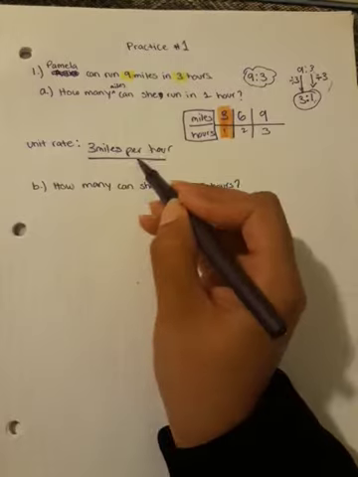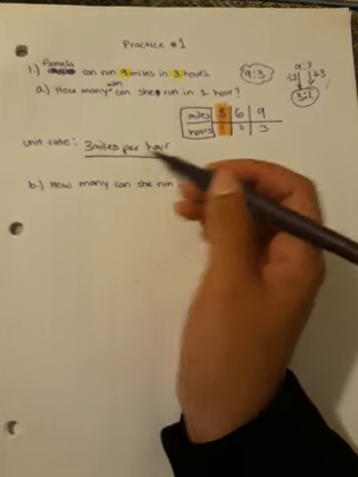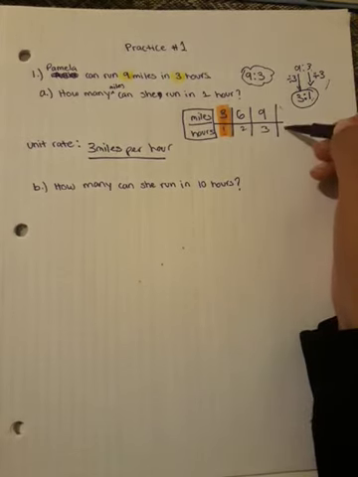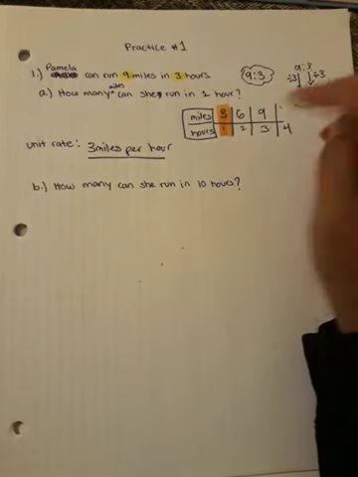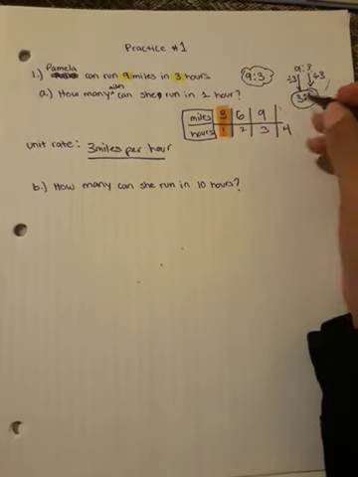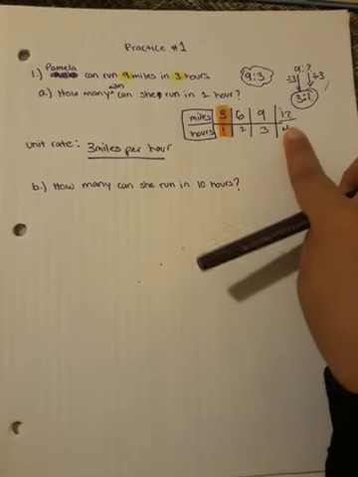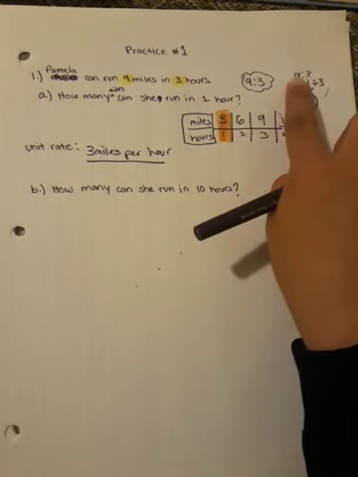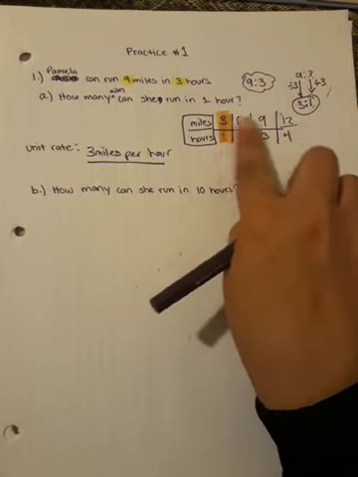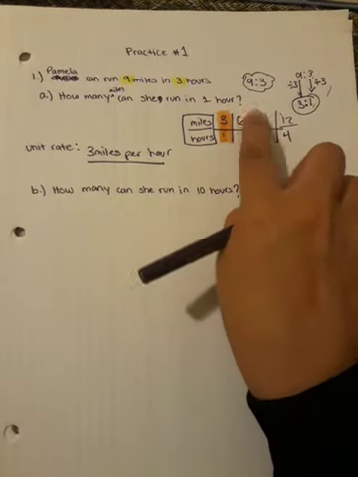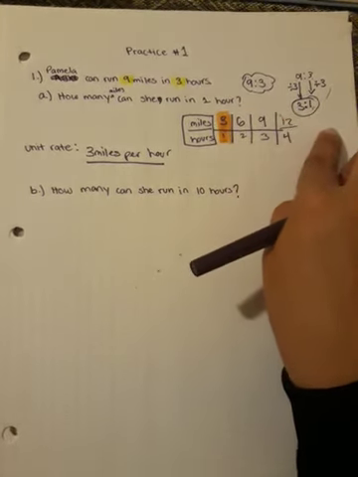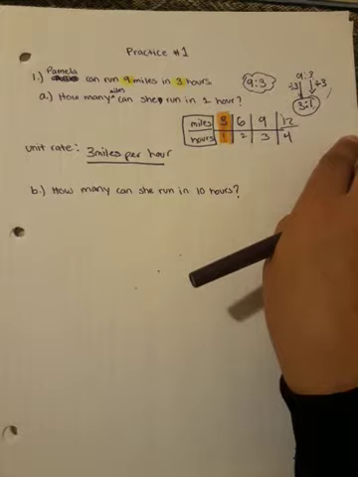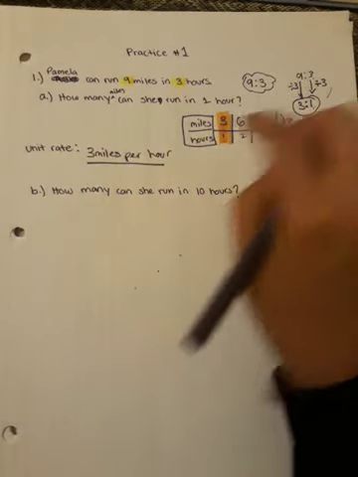This is going to help me figure out how much she can run for more hours. So if she ran for 4 hours, she is going to run 3, 6, 9, 12. And all these new ratios are equivalent to 9 to 3. You see? You can go before, you can go forward. Once you find your unit rate, it helps you go before and forward, because now you know how much is per 1 unit.